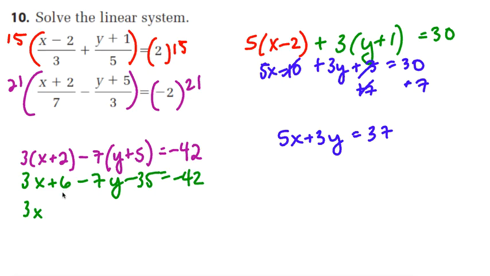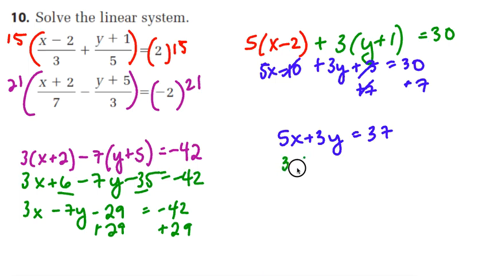So 3x, I'm going to combine these like terms, minus 7y minus 29 equals negative 42, and then I'm going to add 29 to both sides. So our second equation will be 3x minus 7y equals 13, negative 13.